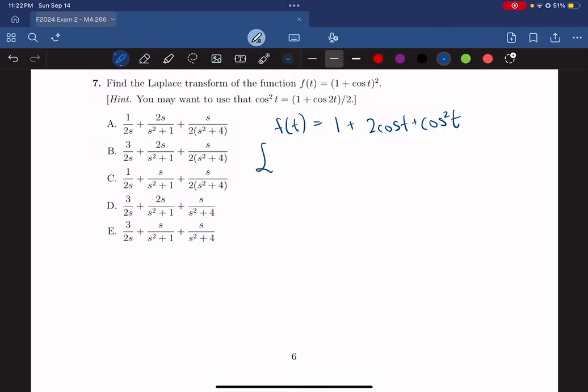And then you take your Laplace of f of t. Actually, before I do that, let me actually use the hint. 1 plus 2 cosine of t plus, and then it tells us what cosine squared is.